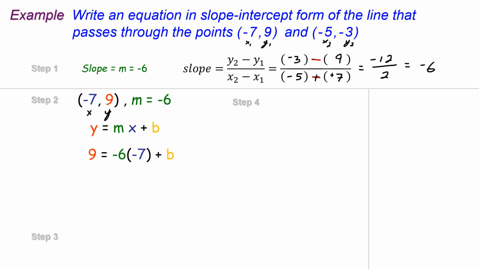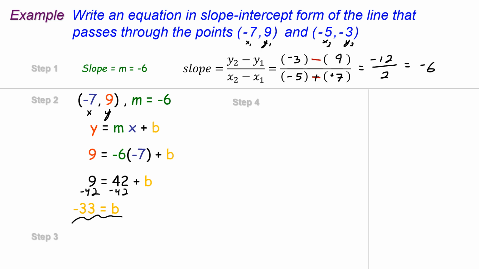After you substitute it, -6 times -7, that part right there, gives me positive 42, and I have to solve for b, so we subtract 42 from each side, and we get that the y-intercept is -33.